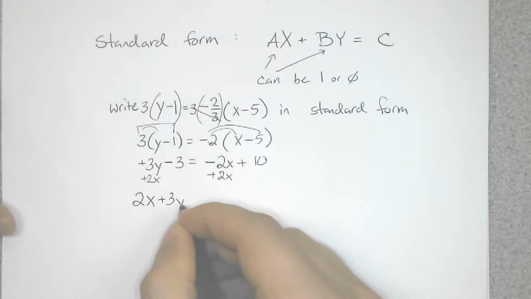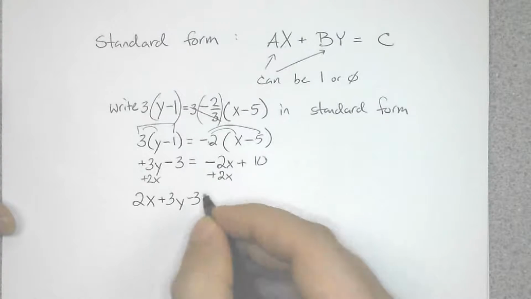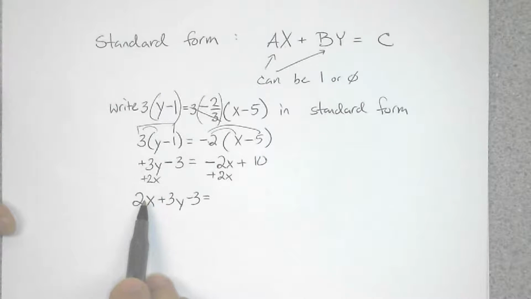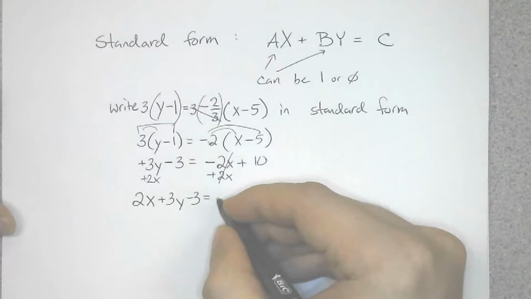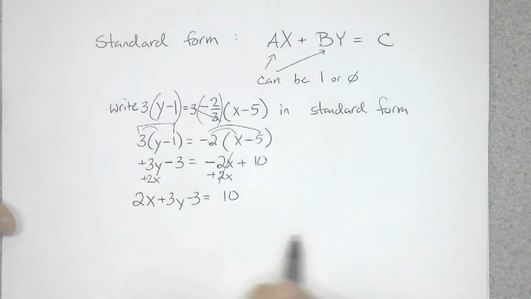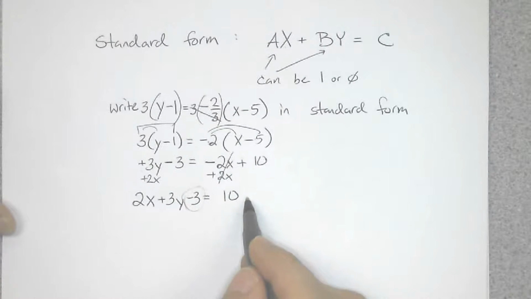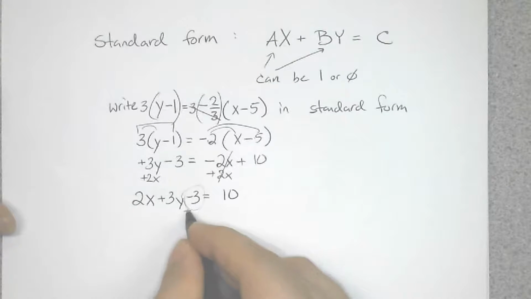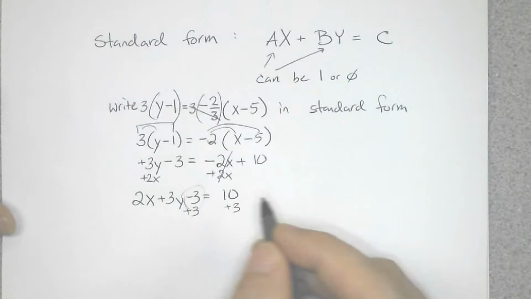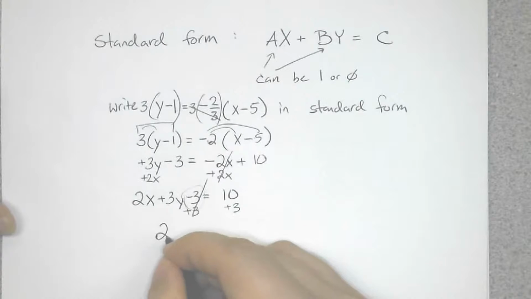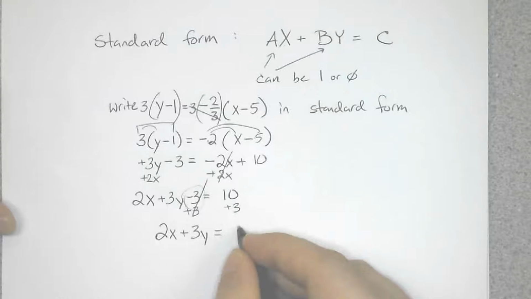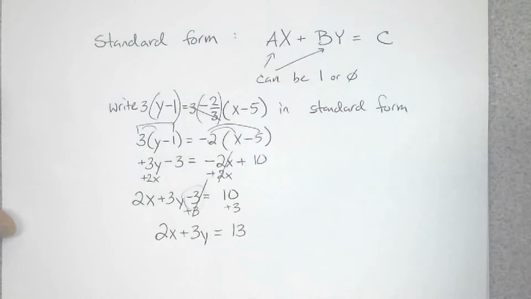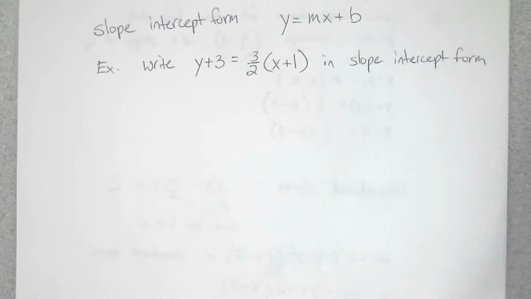So it's going to be plus 3y minus 3. Pause the video if you need to look at that to analyze that more. On this side, these cancel, and we're left with 10. Almost done. I got to move this number over here. To get rid of a minus 3, I add 3, do that on both sides, this cancels, and I end up with 2x plus 3y equals 13.